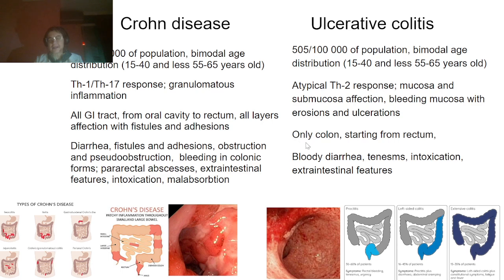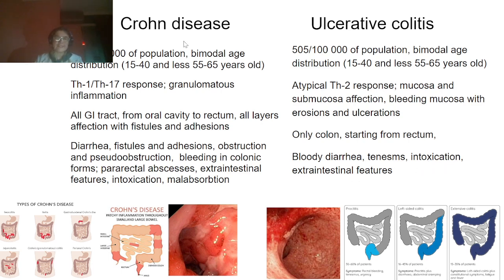Ulcerative colitis affects only the colon, starting from the rectum, proctitis, then left-sided colitis, and extensive colitis. The clinical manifestations, as I told you, include bloody diarrhea, tenesmus, intoxication, and extraintestinal features.